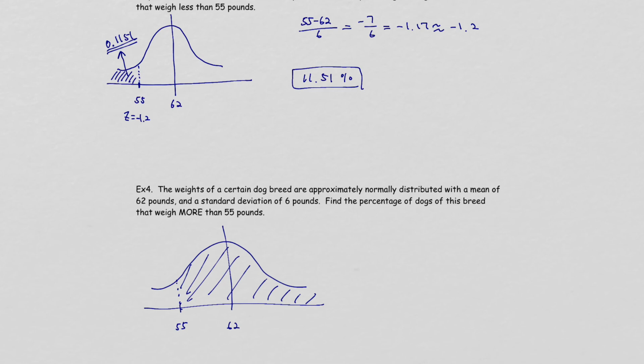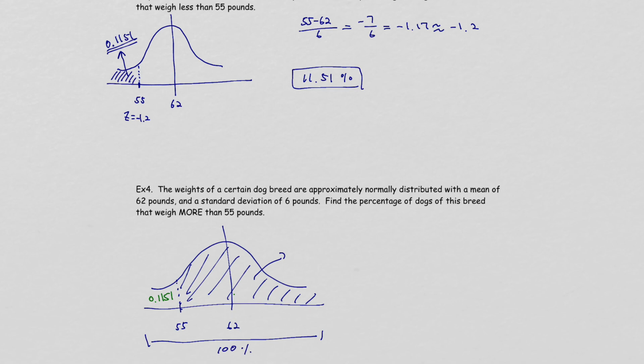Remember, the area that you found on the chart was this one, 0.1151, or 11.51%. In order to find the other area, the whole thing has to be 100%.